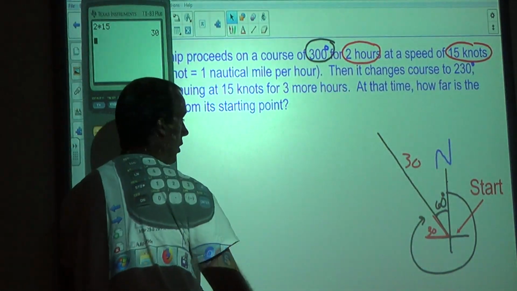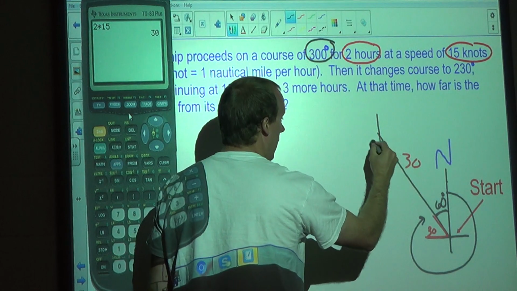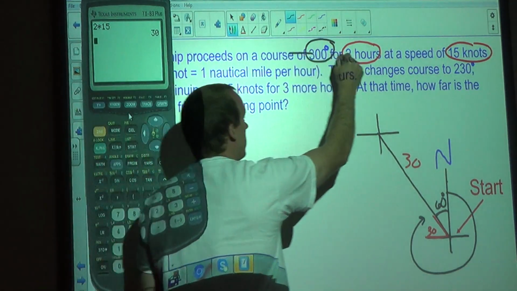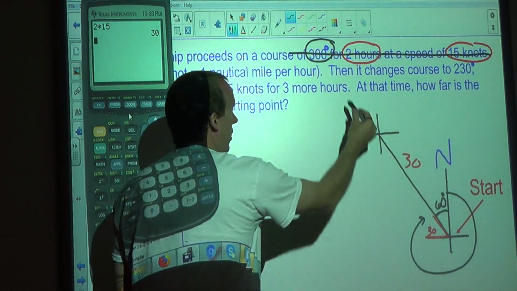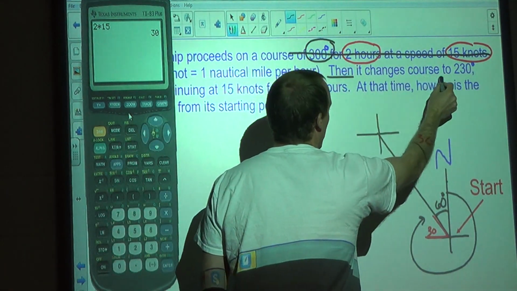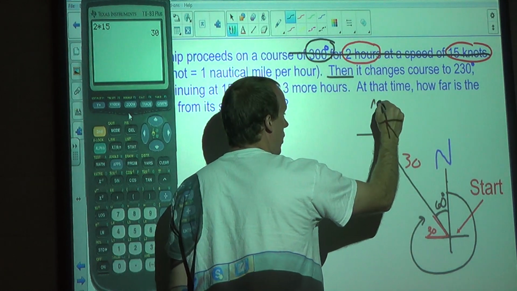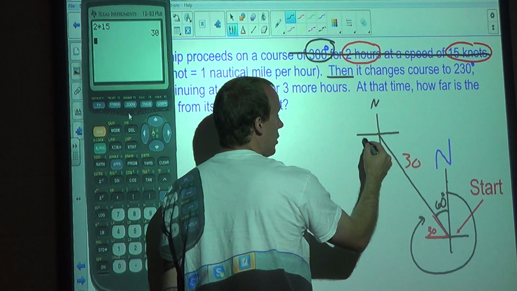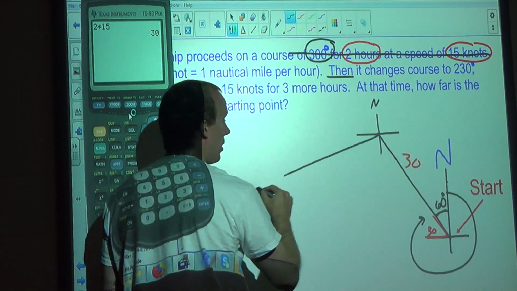Once I go my distance, I then make another crosshair. You always make a new crosshair every time you do a new direction. So these are done now, and it's a new crosshair. It changes to a course of 230 degrees. Again, I start at the north, 90 would be here, 180 would be at south, 270 would be here, so it's in between there.